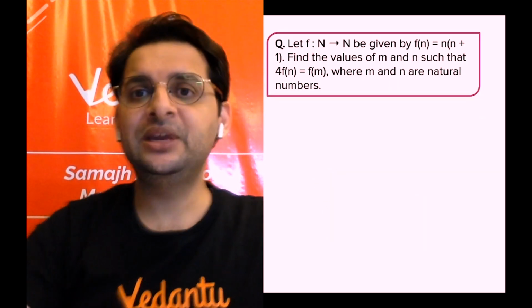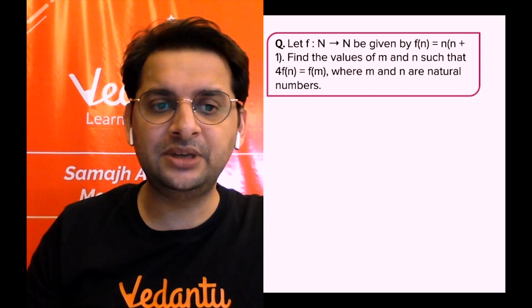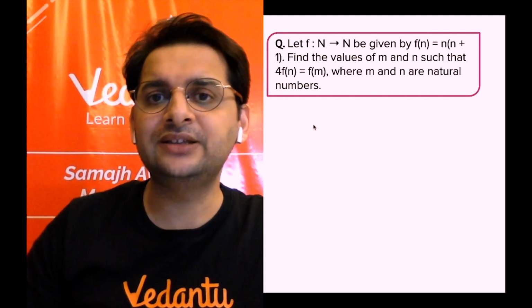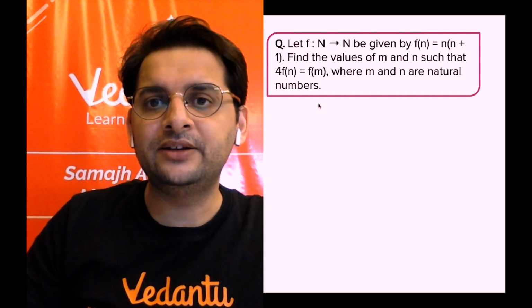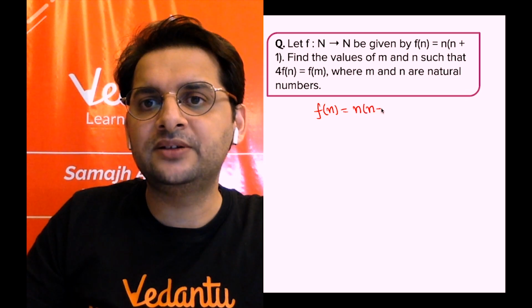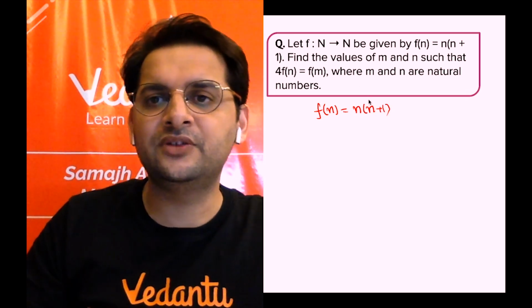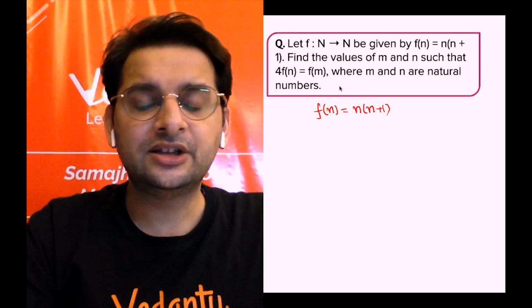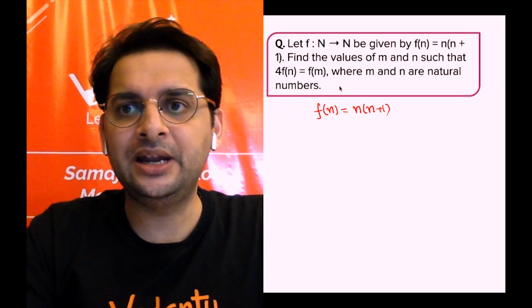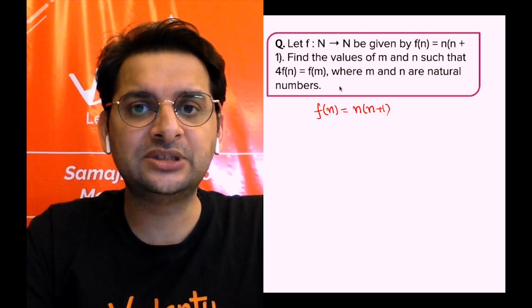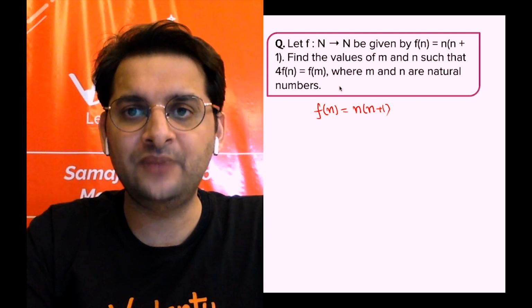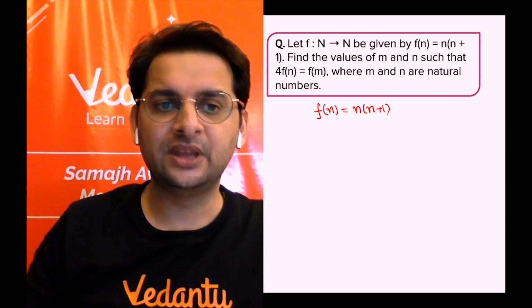So let f be a function from natural numbers to a set of natural numbers given as f of n is equal to n into n plus 1. So this is a function. It's a very simple question. The question is, find the values of m and n such that 4 times f of n is equal to f of m, where m and n are natural numbers.